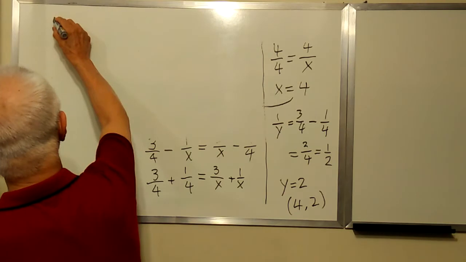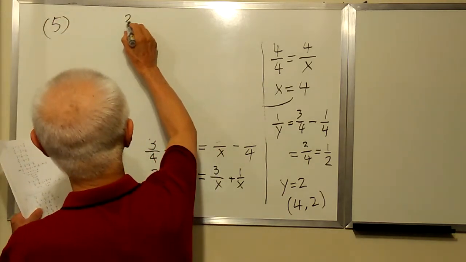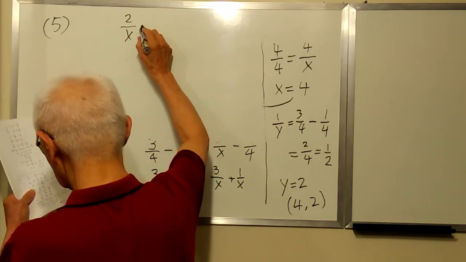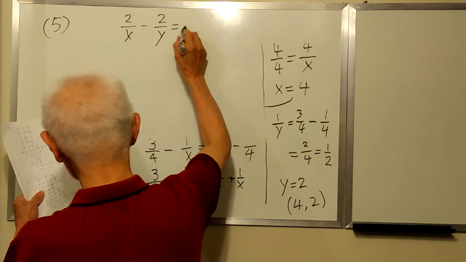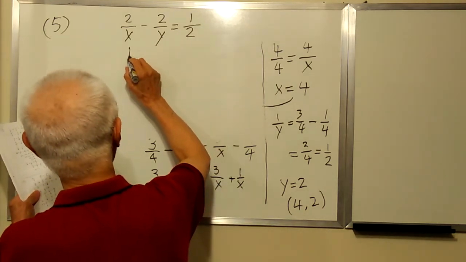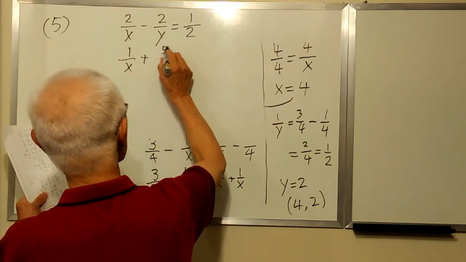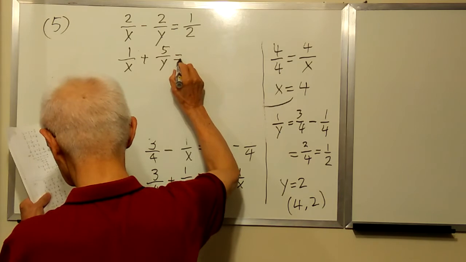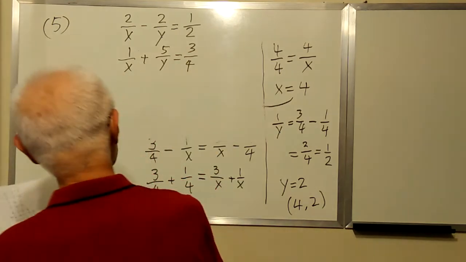Example 5 is to solve 2 over x minus 2 over y is equal to 1 over 2, and 1 over x plus 5 over y is equal to 3 over 4. So how do I do that?